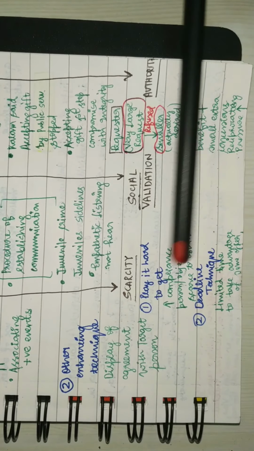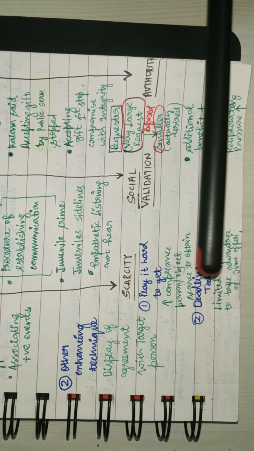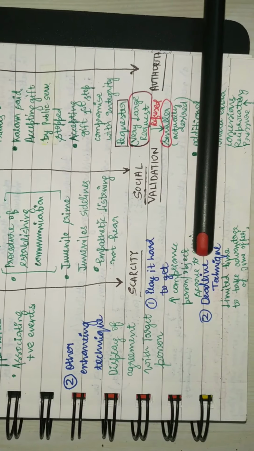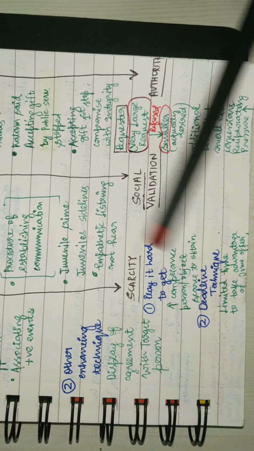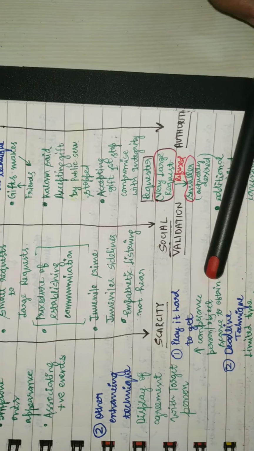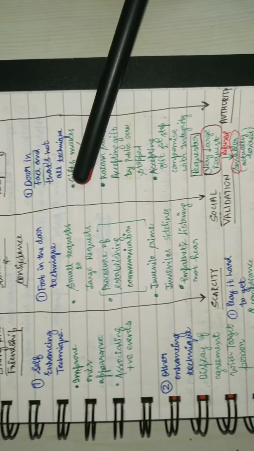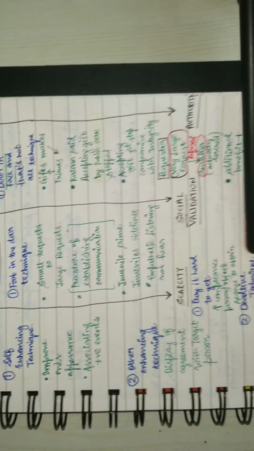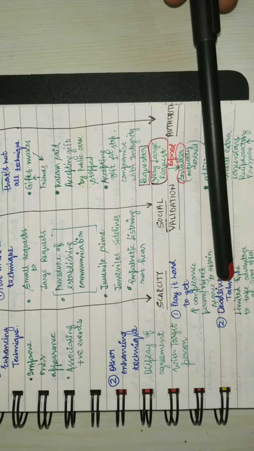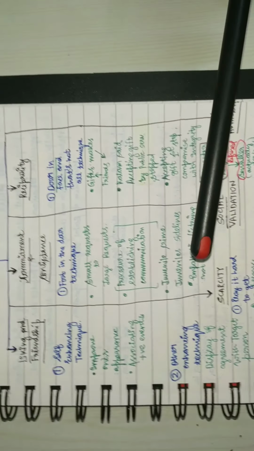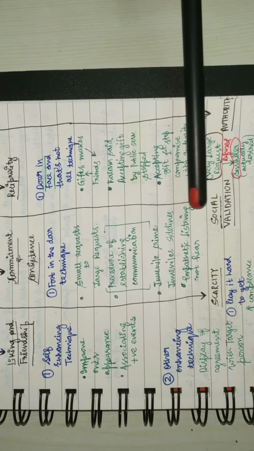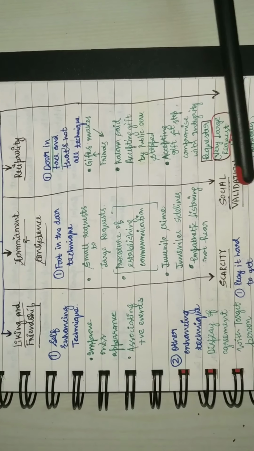That's what companies like Amazon, Flipkart, car sales companies do. So these are six important techniques, excuse me. The social validation and authority are not that important.